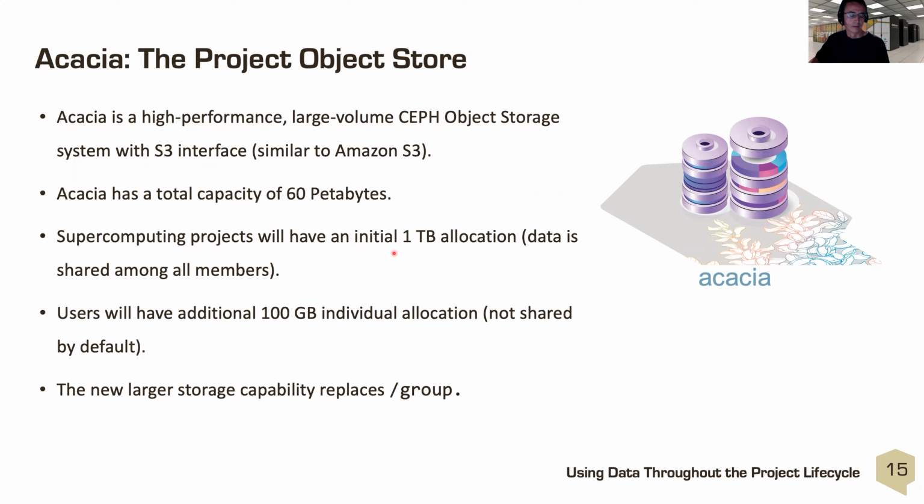I will talk a little bit more about that later, but basically they can read and write your data in the shared allocation. So this is data for the project, but needs to be used with care. And in the case of the individual allocation, nobody else can see your data from here.